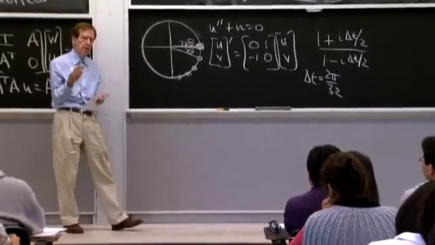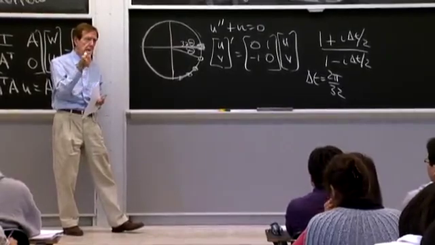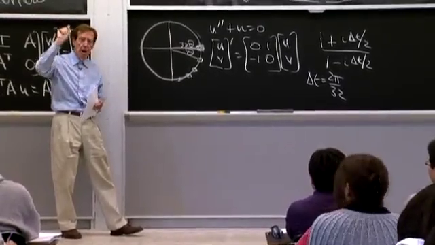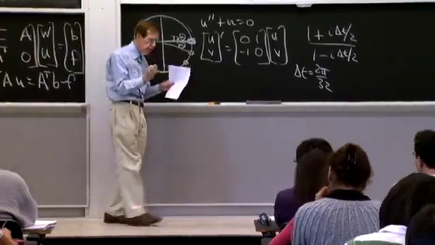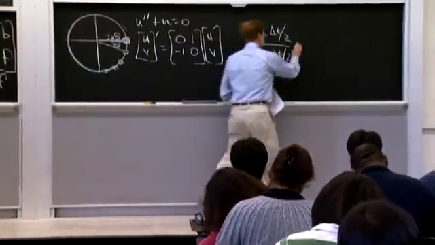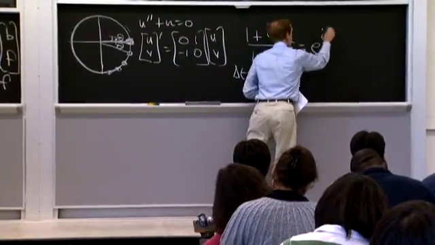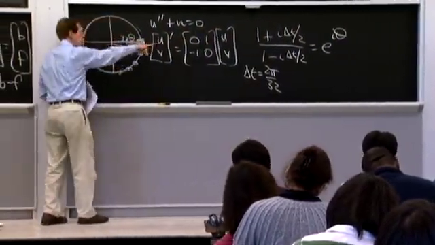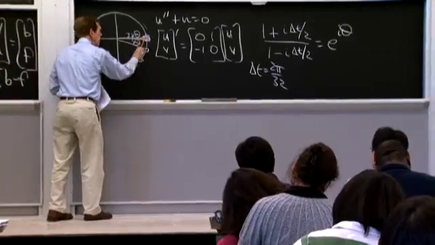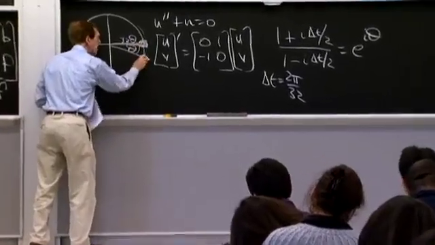What form do you naturally put it in? e to the i theta. Every complex number of absolute value 1 is just beautifully written in the form e to the i theta. That complex number is some point on the unit circle. So there it is, right there.